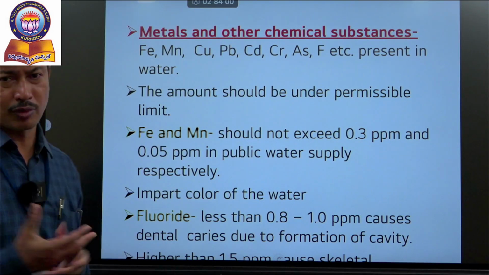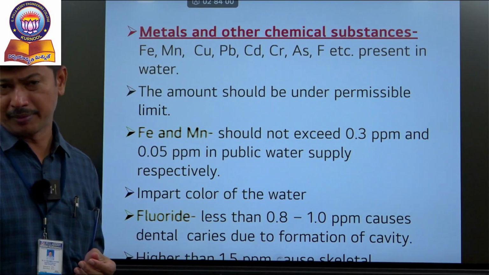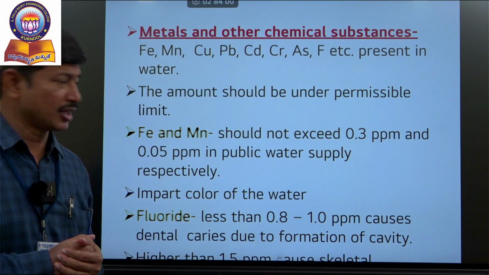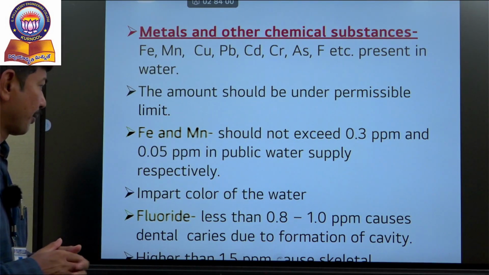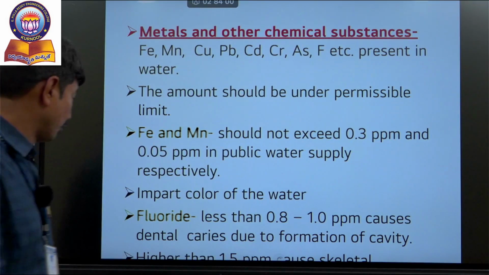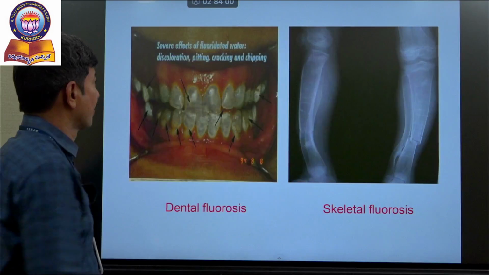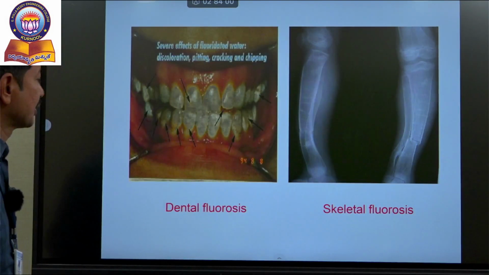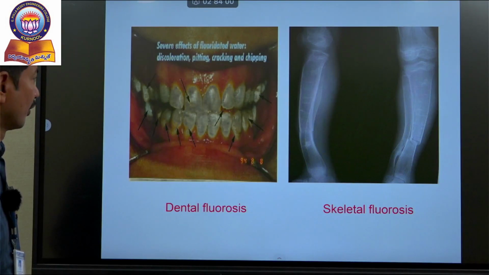If less than that, it causes cavities in young children, and greater than 1.5 ppm causes deformation of bones. This picture shows dental fluorosis and skeletal fluorosis, caused by excess fluoride in water.